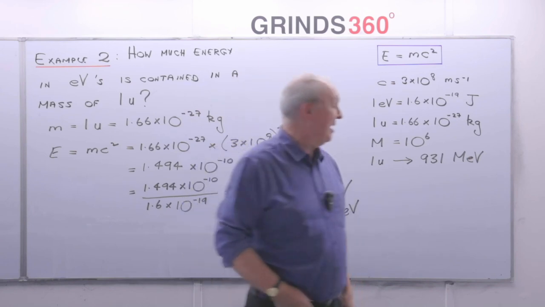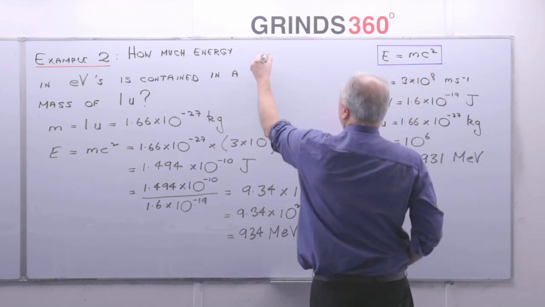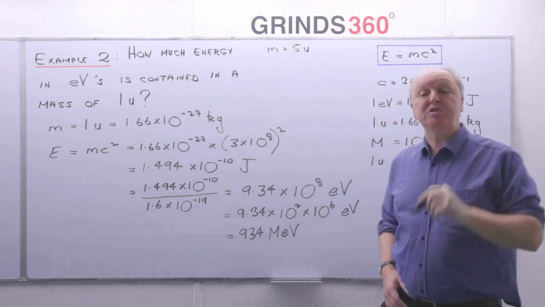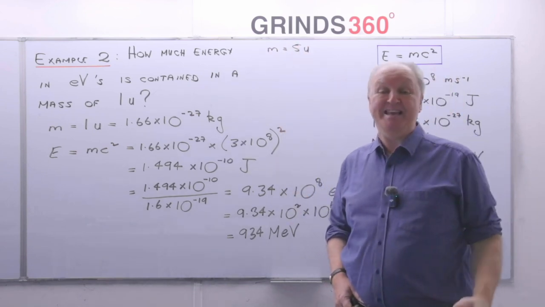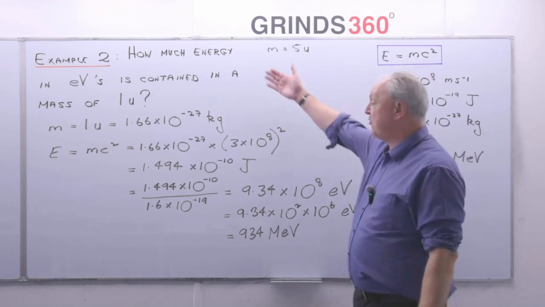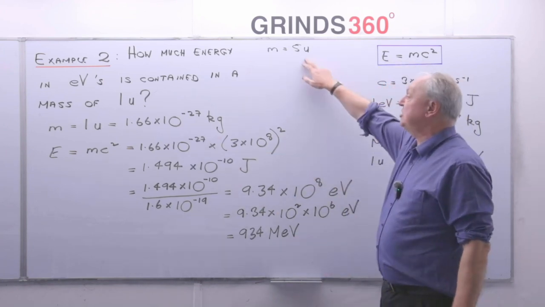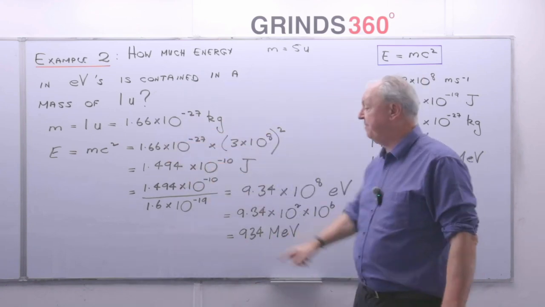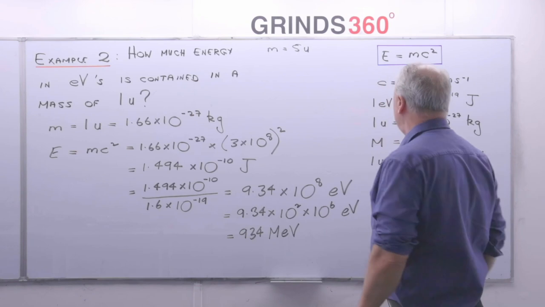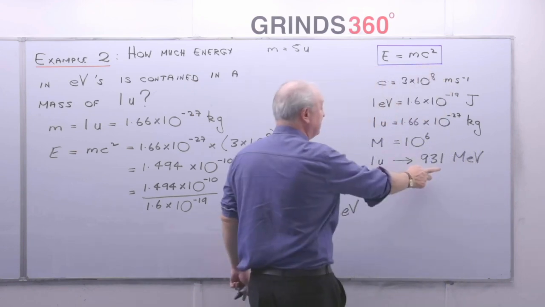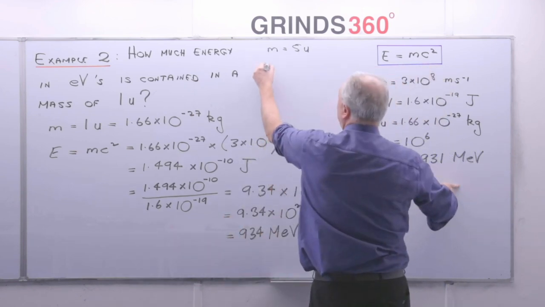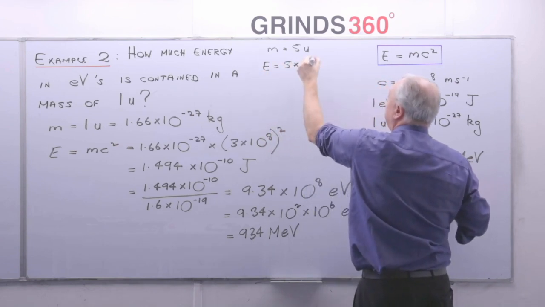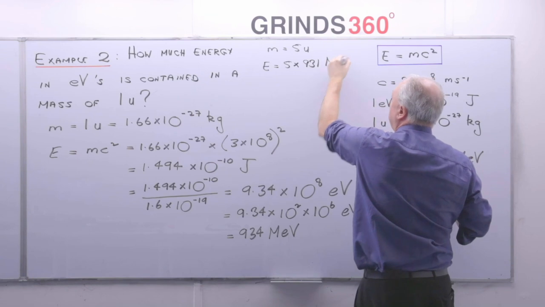That's very handy. For example, if they gave you a mass of 5 atomic mass units, and they said how much energy is in 5 atomic mass units in electron volts. Well, do you want to go through all this rigmarole again? Change the atomic mass units into kilograms, then use E equals mc squared, then divide by the conversion factor? Well, if I know that 1 atomic mass unit is 931 mega electron volts, I know that the energy here is going to be 5 atomic mass units multiplied by 931 mega electron volts.